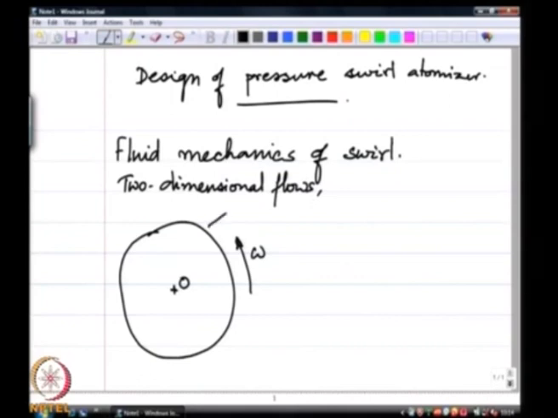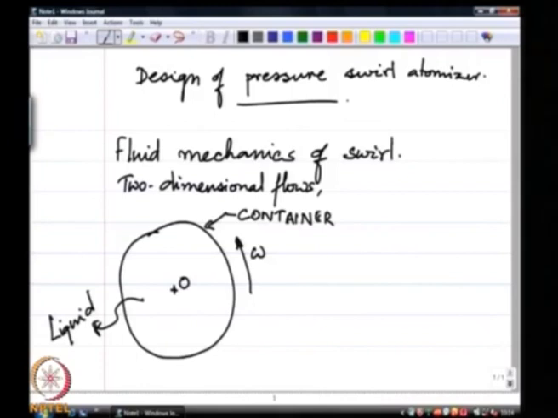So, this is a container that is spinning and it has got some liquid in it. This liquid, at least at the wall, is going to spin with the container and towards the middle it is not going to spin. So, this is one kind of swirl.